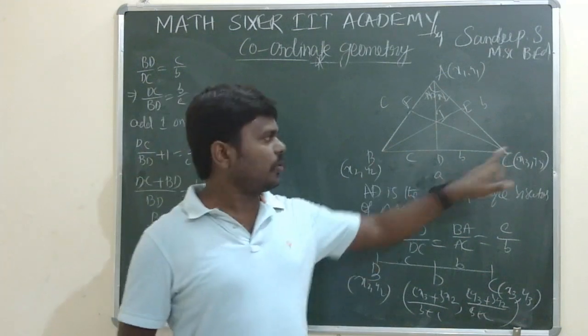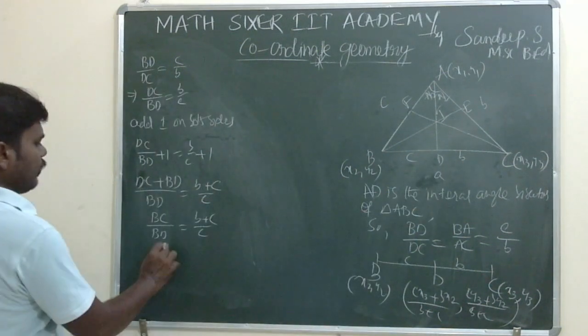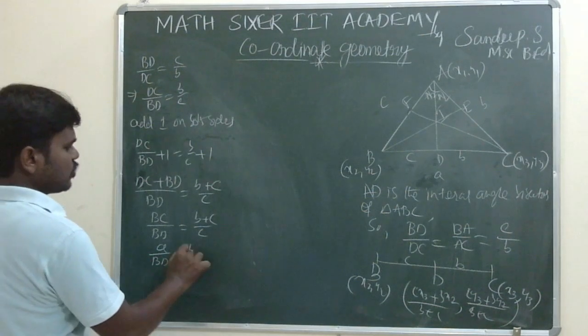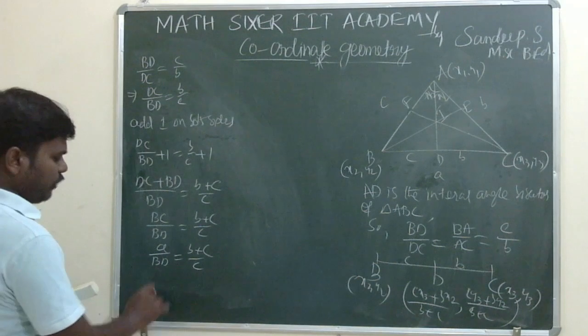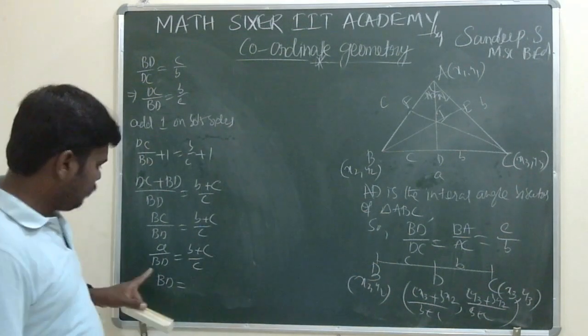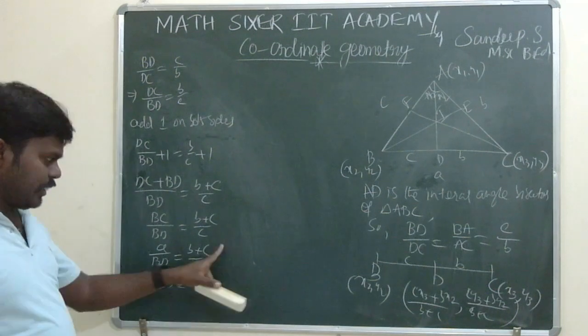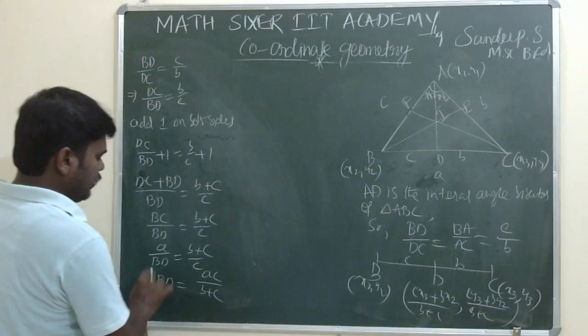BC is the total line segment and which is equal to A. So here A by BD is equal to B plus C by C. Okay, so now from this we can find the value of BD in terms of a, b, c. BD we can find by taking this to that side, and hence BD is equal to AC by B plus C. This is the BD.